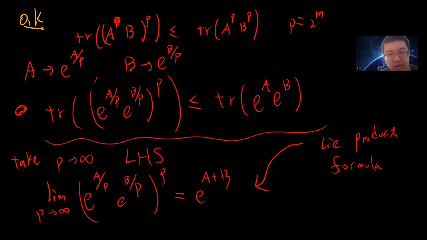So this is true for every P, and if you take P to infinity, this must also be true. The left hand side becomes e^(A+B), so trace of e^(A+B) is less than or equal to trace of e^A e^B. Okay, so this is the proof.